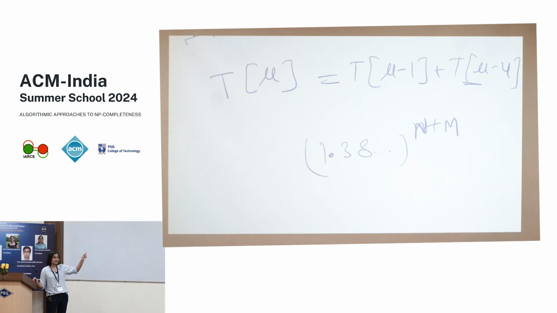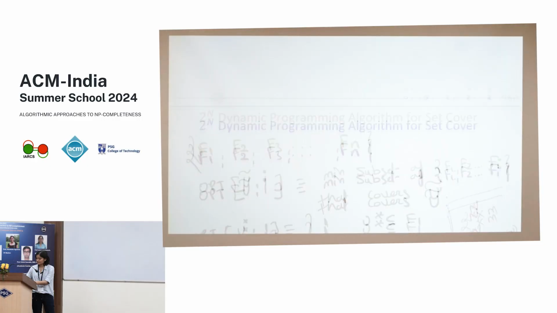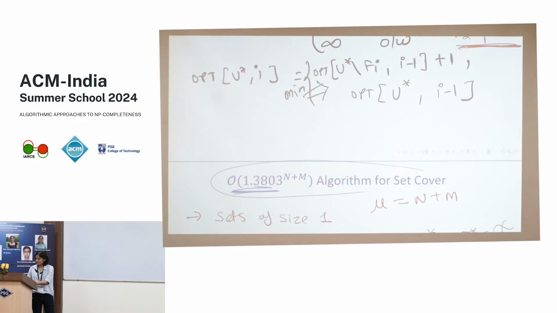Okay, do we know how to solve these equations? Okay, I will tell that in the next session. But my claim is, if I have 1,4 branching, then I get this running time, which is what we were looking for. Okay, so I get this running time for my set cover algorithm, and I will do it repetitively.